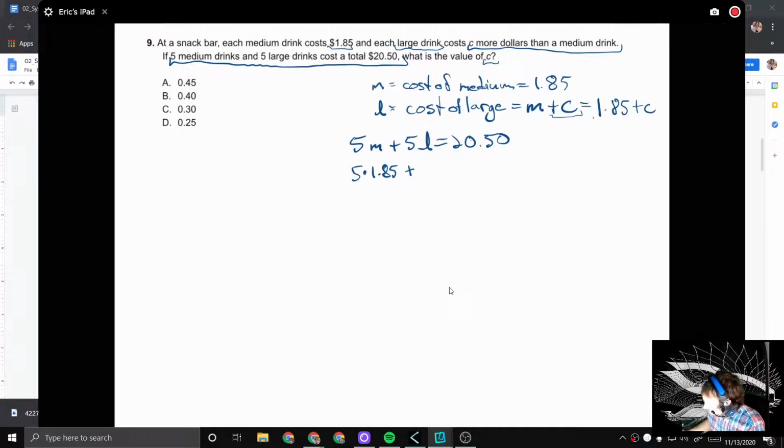L is 1.85 plus C. I missed my 5. Plugging that in for L and rewriting 5 times L, 5 times 1.85 plus C.